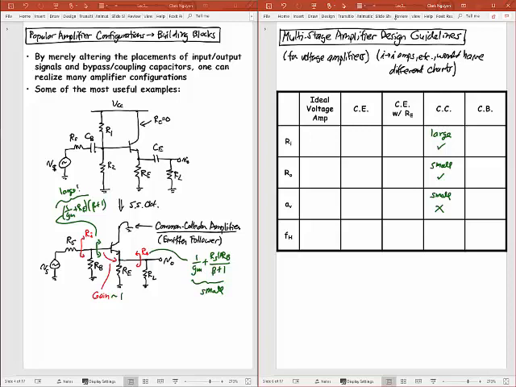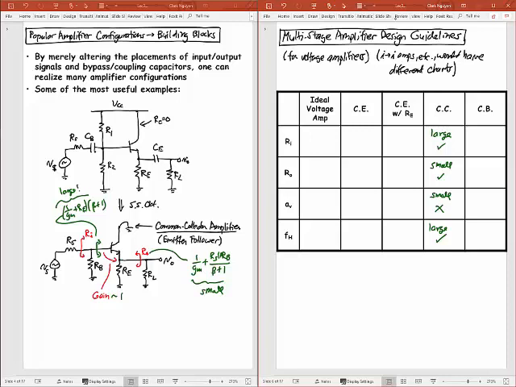In the end, I expect to have a very large frequency response, and that's good. So the common collector gets 3 of the 4 categories right, but one category it does awful at. The gain is just 1. Let's take a look at some of the other configurations.